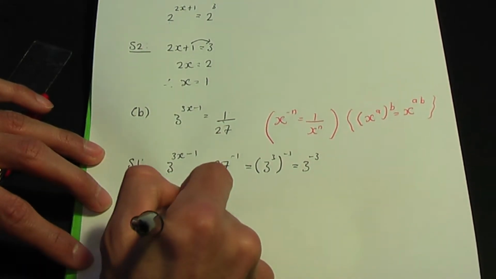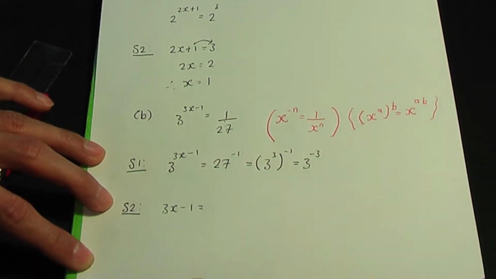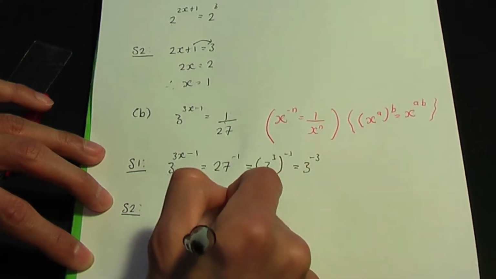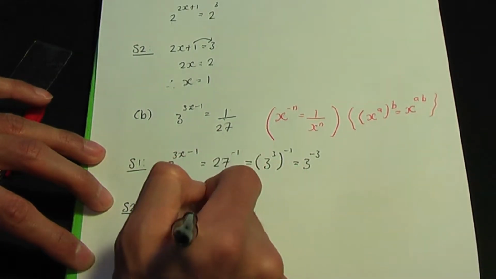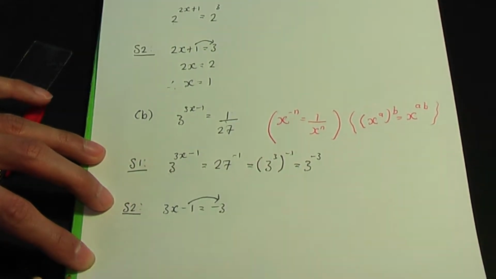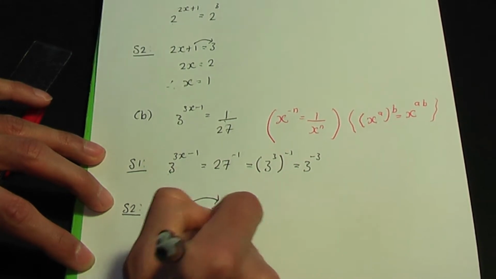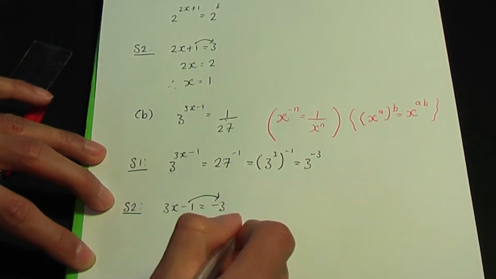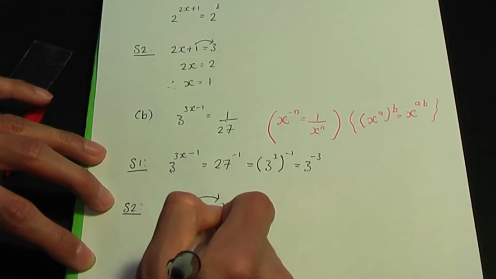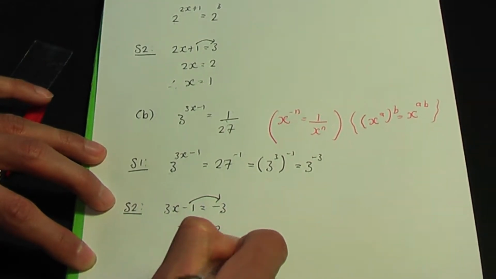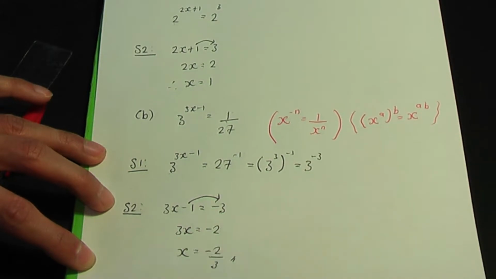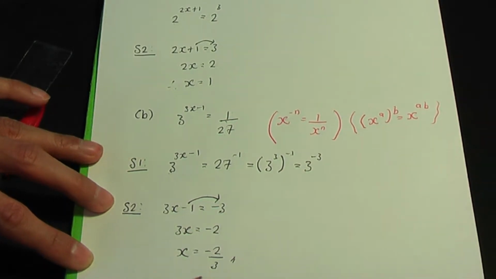I have a power of 3x minus 1 on the left hand side and a power of minus 3 on the right hand side. From here on, let's find what x is. If I take minus 1 to the right, 3x will be minus 3 minus of minus 1, which is minus 2. So x therefore is minus 2 over 3. That should be the solution to part B.